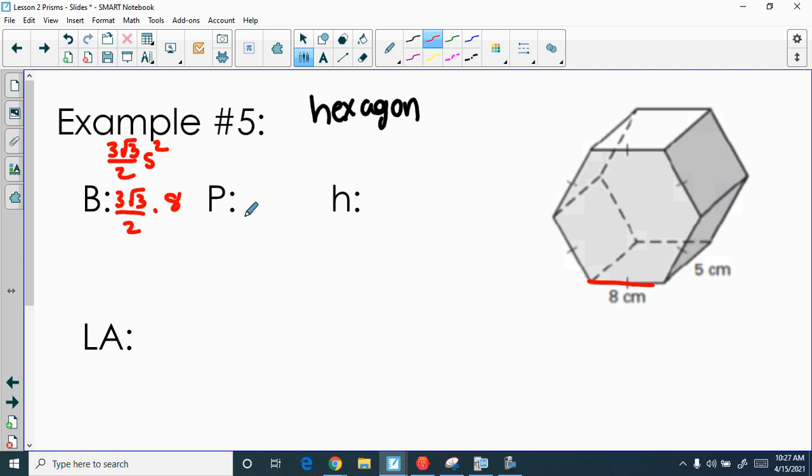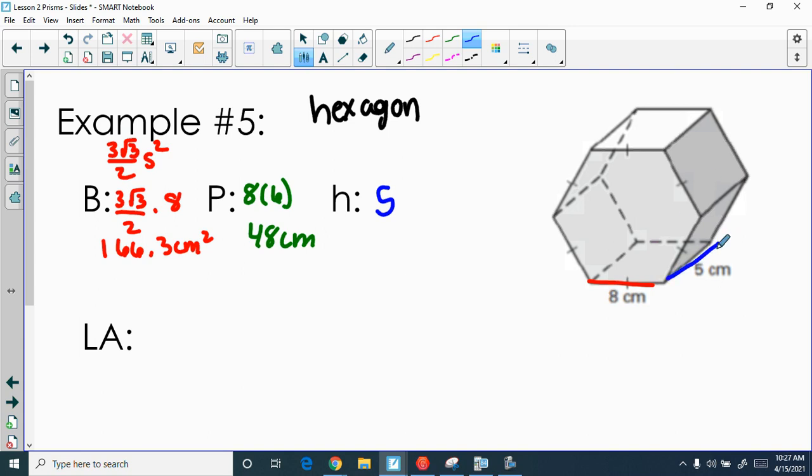And when we type that in, we're going to get 166.3 centimeters squared. For our perimeter, we would just multiply 8 by 6 because it's a regular hexagon to get 48 centimeters. And for our height, we've got 5.